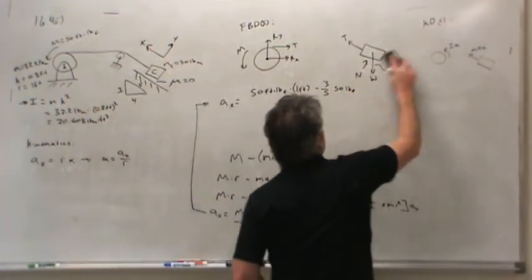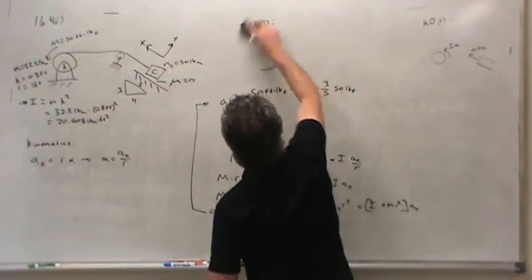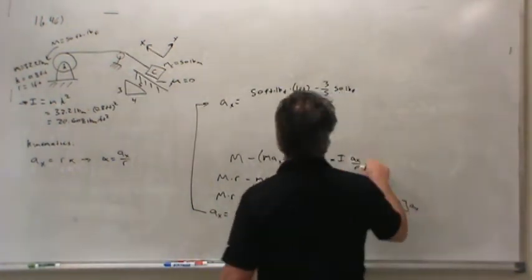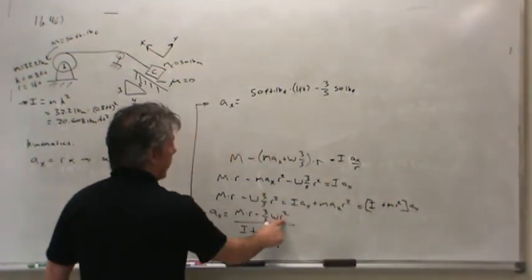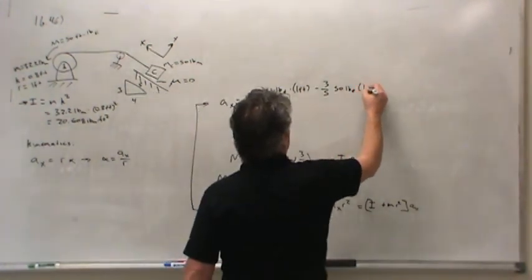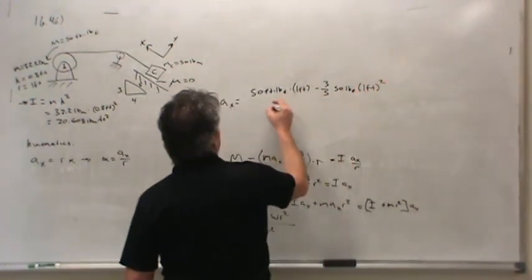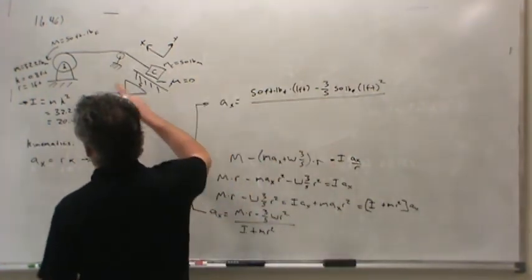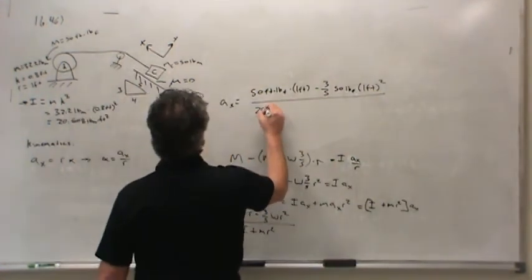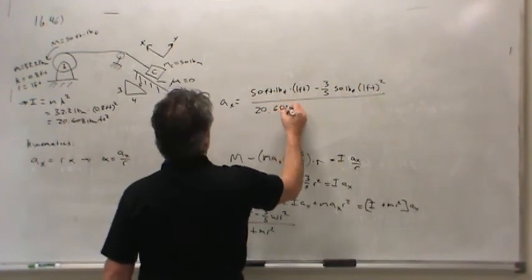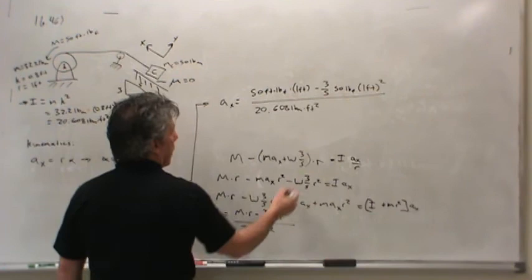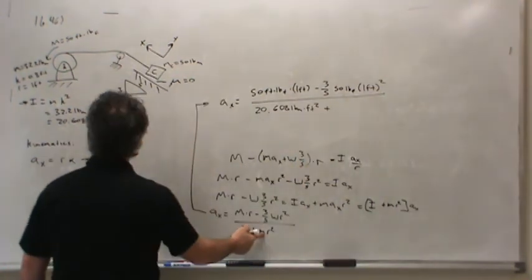We don't need the free body diagrams or the kinetic diagrams anymore. So where were we? We were at weight, and then R, the radius of the pulley, is 1 foot. That has to be squared. And then divided by I, well, we calculated I, that's 20.608 pounds mass foot squared, plus the mass. What mass?